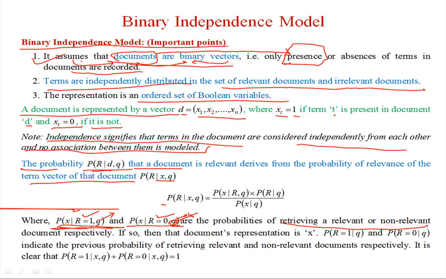So the probability of arrival of relevant documents from the collection when query term Q is present in the documents can be calculated by using this equation.